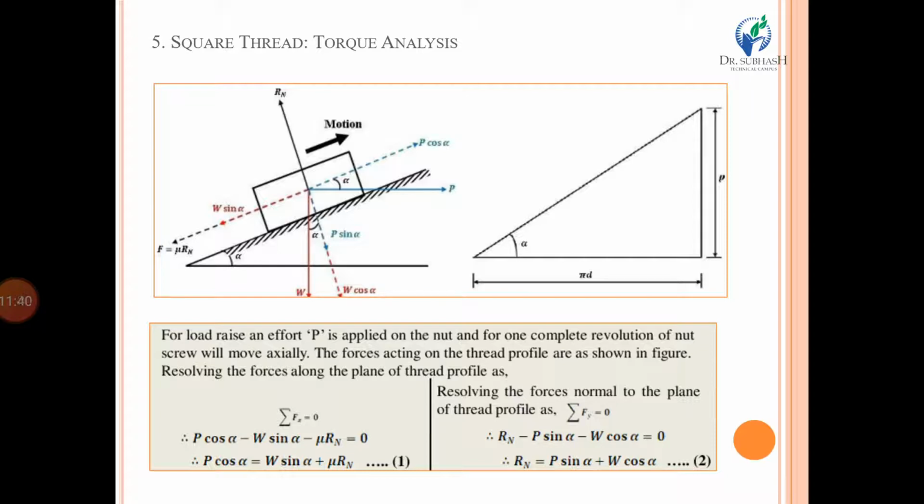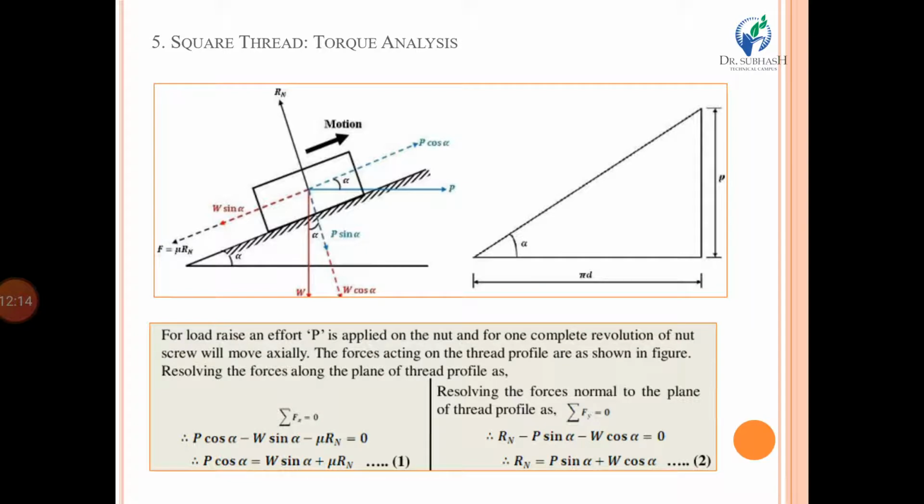Now look at the diagram that you have been given. In the left hand side diagram, there is one block and four kinds of forces acting on it. Weight W is acting in the downward direction, and due to weight W there is a normal reaction acting in the upward direction perpendicular to the surface, whereas force P is acting in the horizontal forward direction, which is responsible for moving up the load, whereas the frictional force is definitely acting in the direction opposite to that of the moving body.